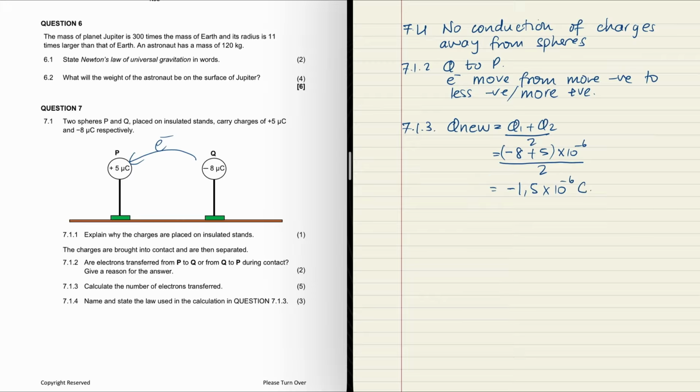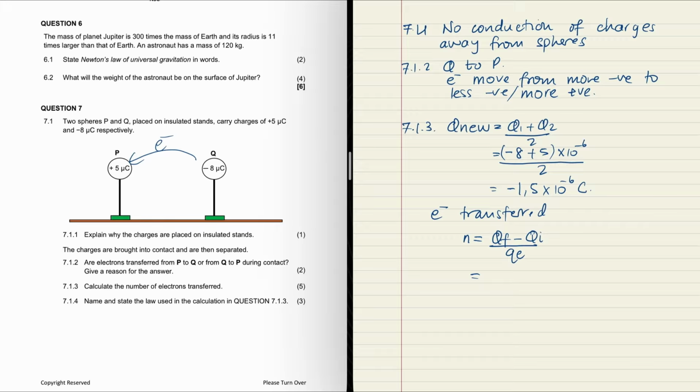Then if you want to calculate the number of electrons transferred, we can use the formula n is equal to (Q final minus Q initial) divided by q_e. So now it's really our choice whichever sphere we want to use, because we'll either get a positive or negative value. So let's use P, since P is gaining electrons.